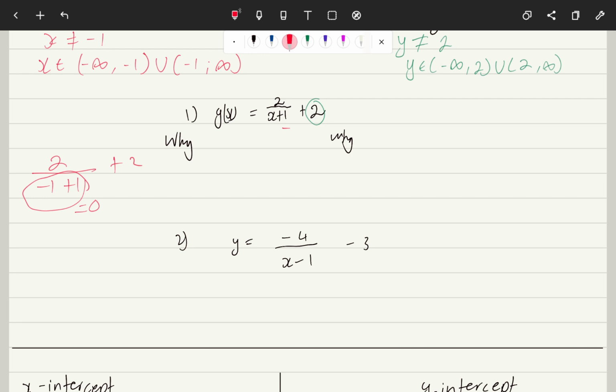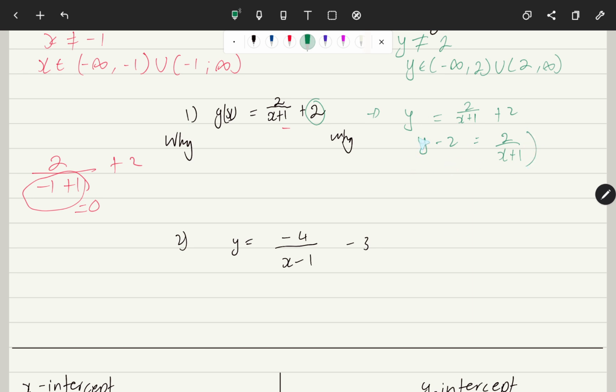And perhaps let me show you for 2. I'm going to write this as y is equal to 2 all over x plus 1, plus 2. I'm going to try to write this function with x as the subject of the formula. I try firstly by transposing 2, so I have y minus 2 equals 2 over x plus 1.